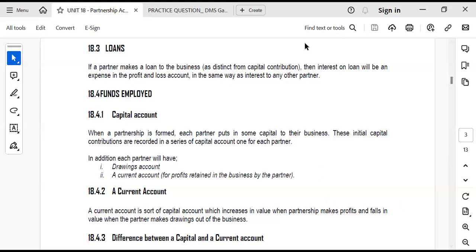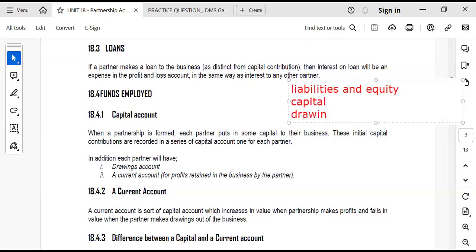Remember, when we were doing our accounts, we have always drawn up our liability and equity. And we have always started with our capital account. Then we have moved on. In case there are drawings, we have shown them there. So far, this is what we have been doing.